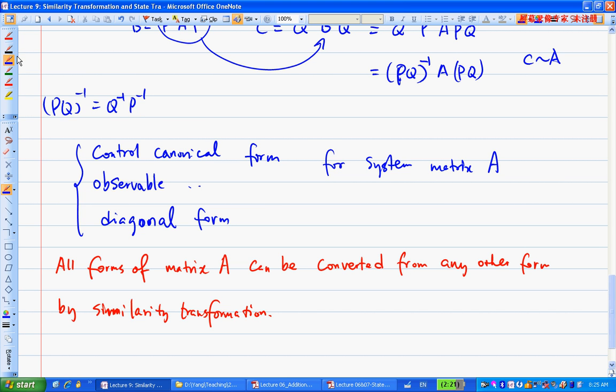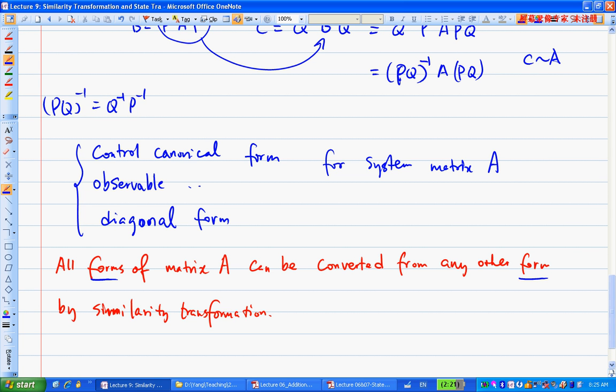When we're saying all forms, whatever is referred to here can be control canonical form, the observable canonical form, or a diagonal form.